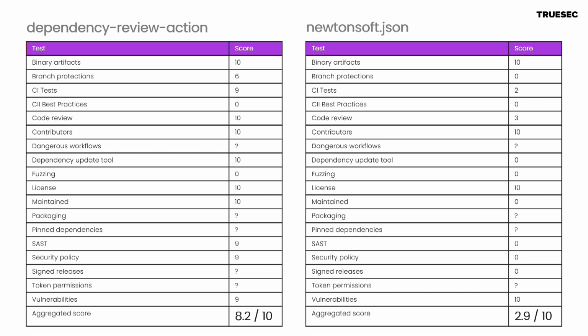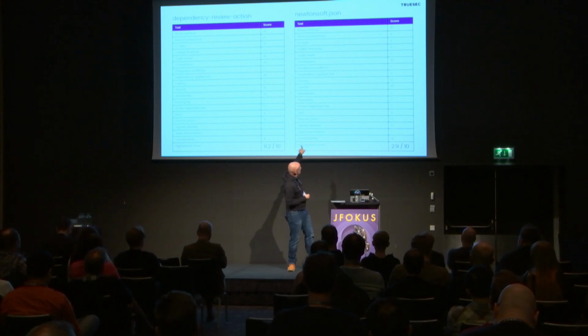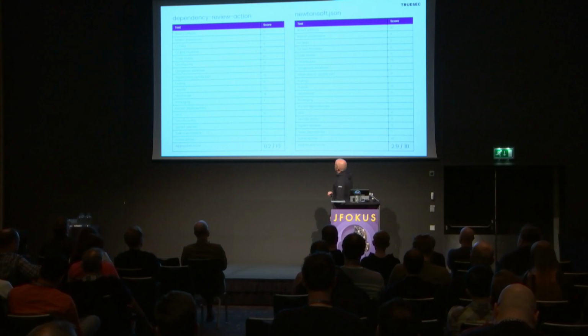You have to at least make an assumption, or make an aware choice, to say that this is the score that we are looking for. And you can investigate all of these different topics and say it should be maintained. You should have multiple contributors. You should have a license. The project should use SAST. You should have a security policy defined and being run. You should have branch protections or something like that.